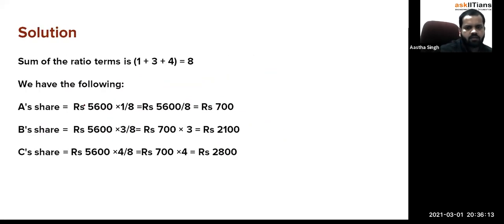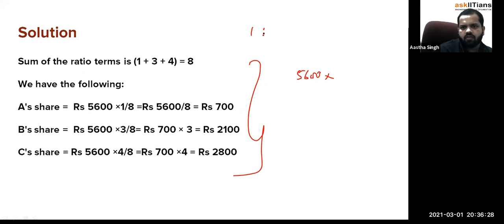So the question is clear to you, right? You can also do it by this method. Your 5600 is given. What will be the share of A? The ratio is 1:3:4. The share of A will be 1 upon the total, so the fraction will be 1 by 8.